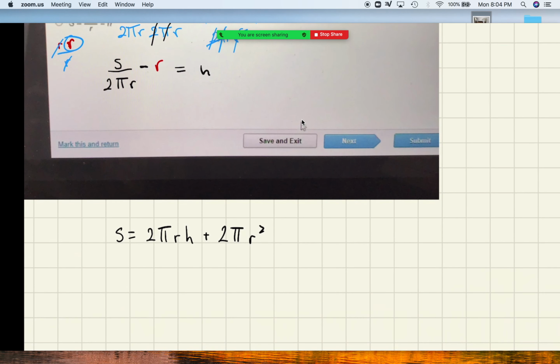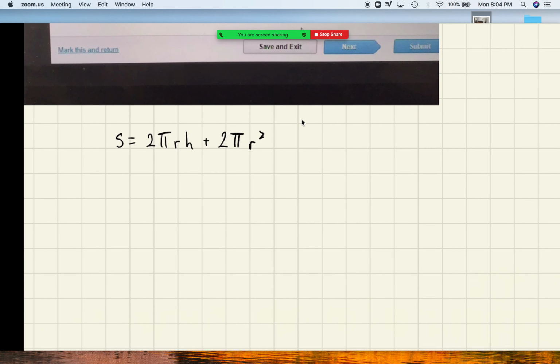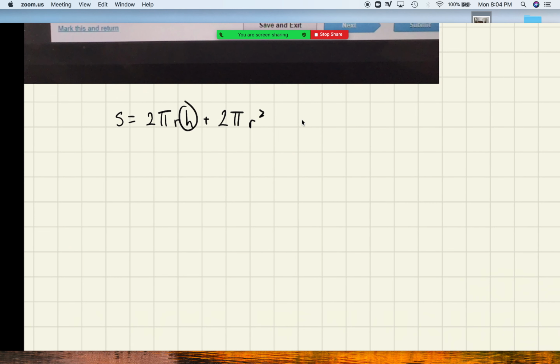For this, we were solving for h, and that just means getting the h all by itself, which also means you start with the thing farthest away from the h, which would be all of this stuff, and this doesn't have an h involved. So we subtracted that over to the other side, so it became negative over here, and then we divided off the rest of this stuff because it was multiplied there.